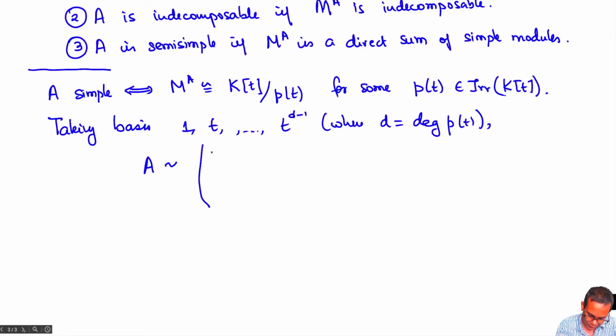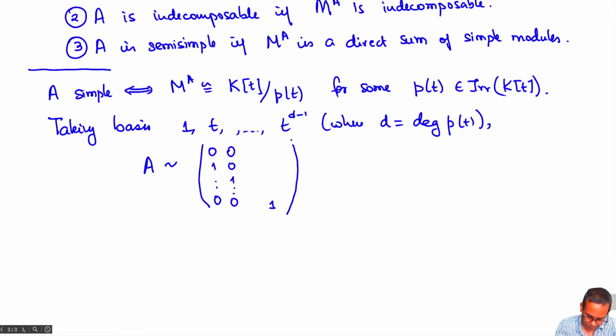So the first basis vector is 1, it goes to the vector T. So it starts off with ones in the row just below the diagonal, and you have this last column left, and there you put in the coefficients of P(T).